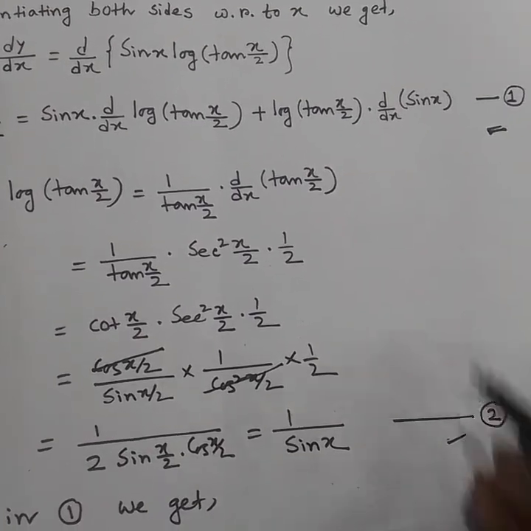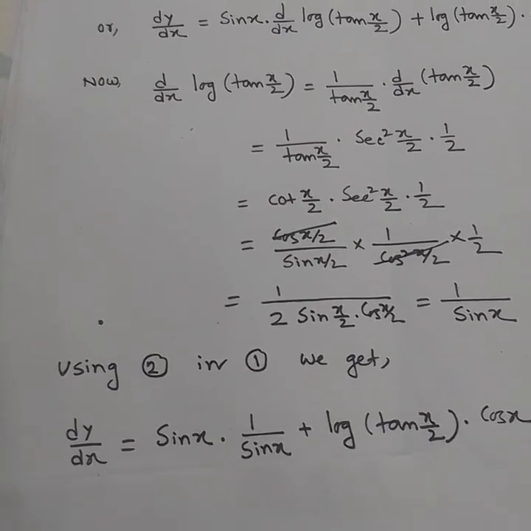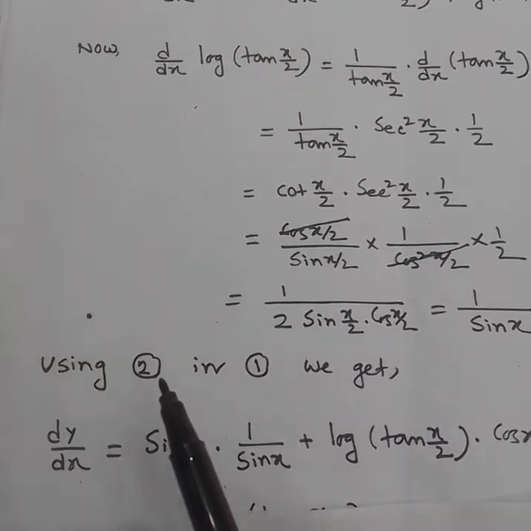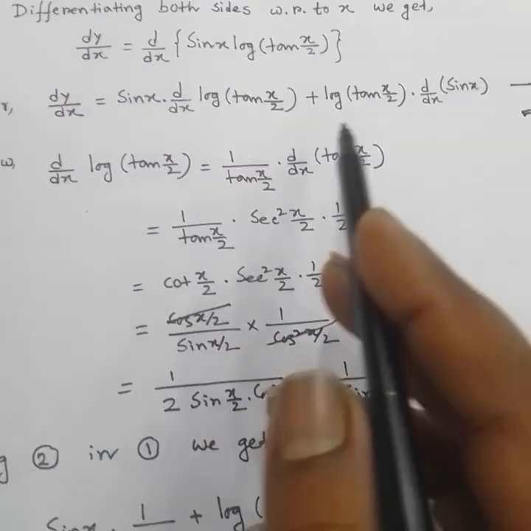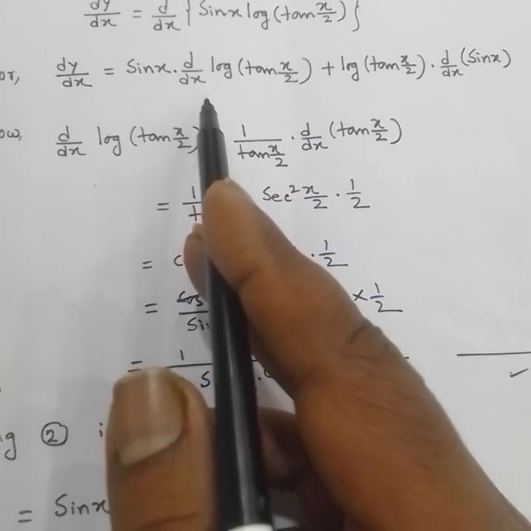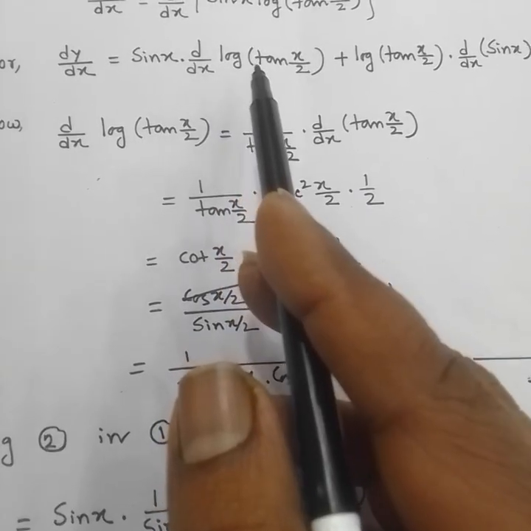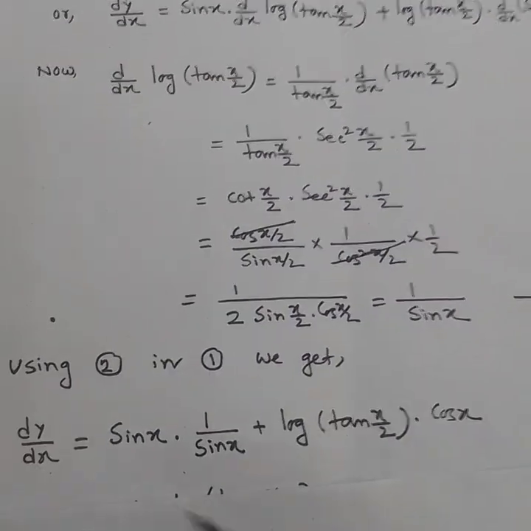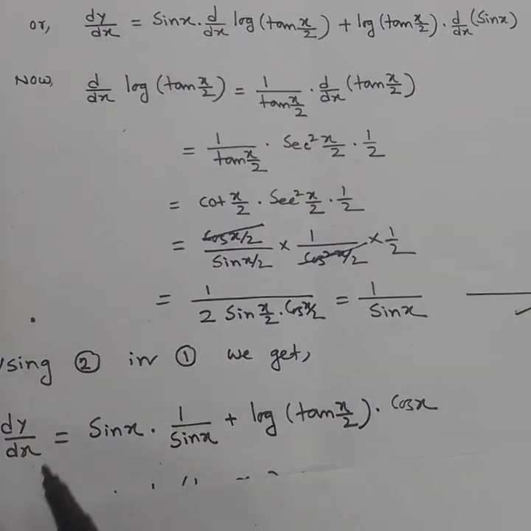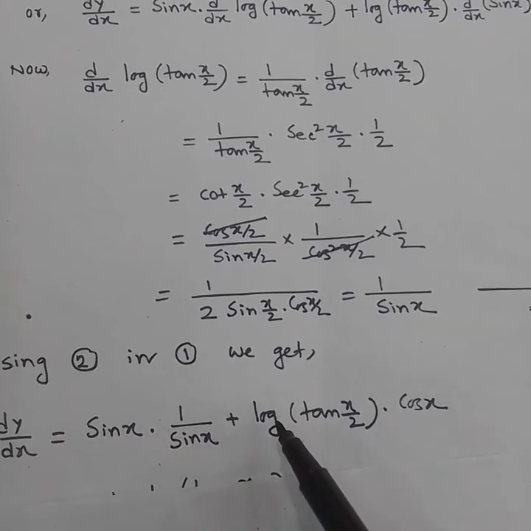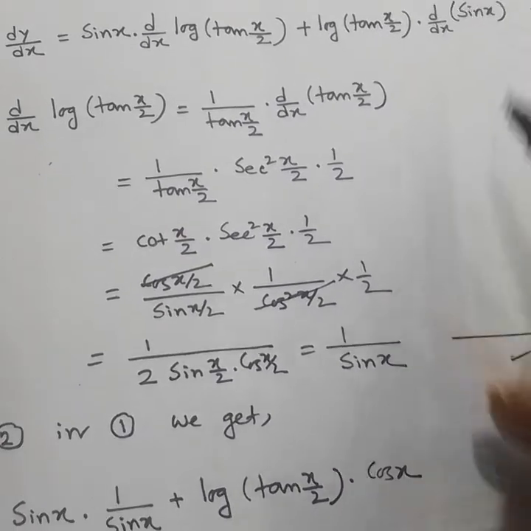Now using relation 2 in equation 1, we get dy by dx equals sin x into 1 by sin x plus logarithm of tan x by 2 into cos x, because the derivative of sin x produces cos x.